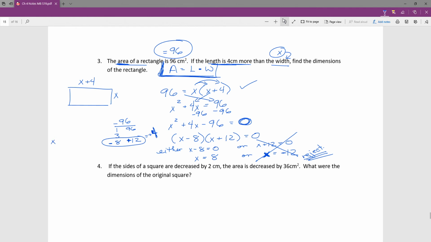We know that x plus 4 would be the length, and so that would be 8 plus 4 or 12. So that's what gives me my answer. The rectangle is 8 centimeters by 12 centimeters. And again, I rejected the negative because that's not how geometry works or how tape measures work.